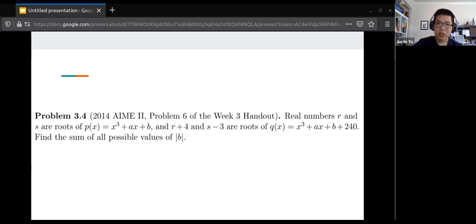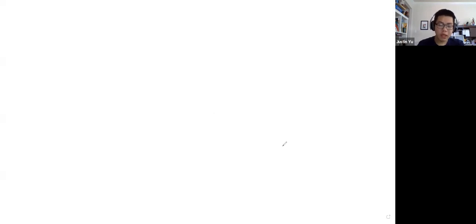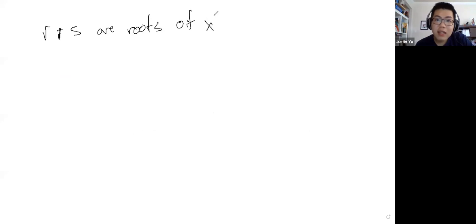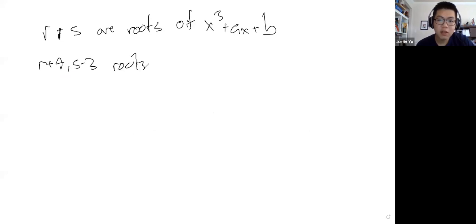The reason that we do want to use Vieta's in this is because it's basically just the best thing that we can do short of factoring the entire expression, which is oftentimes impossible. It probably is impossible right here. So r and s are roots of x cubed plus ax plus b. r plus 4, s minus 3 are roots of almost the same thing.